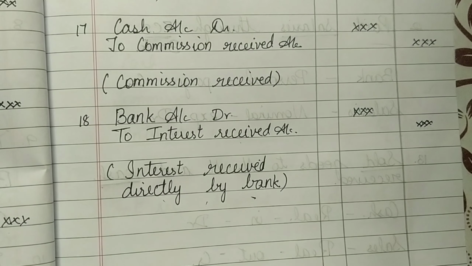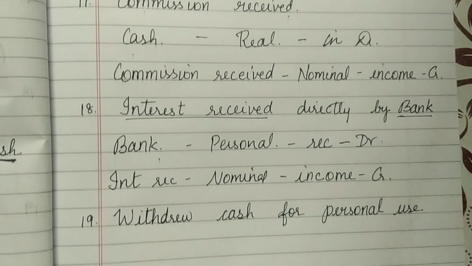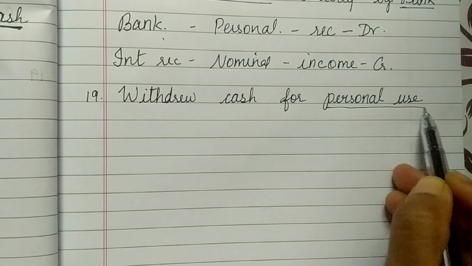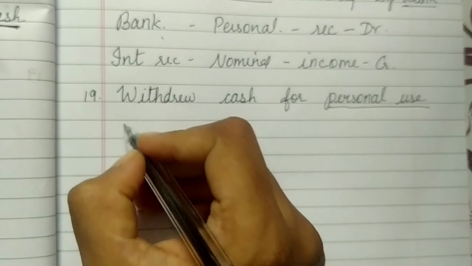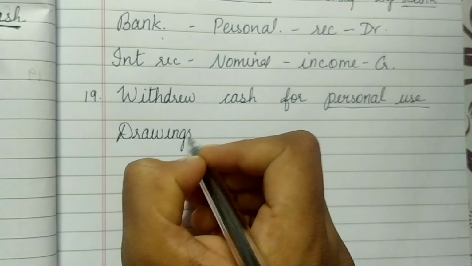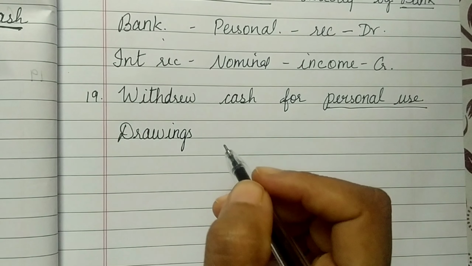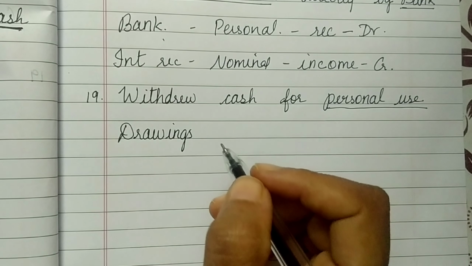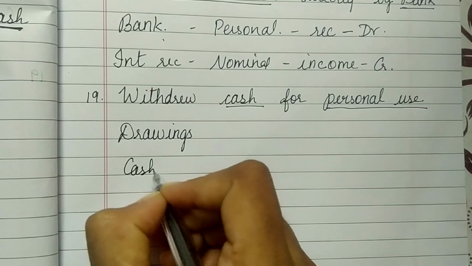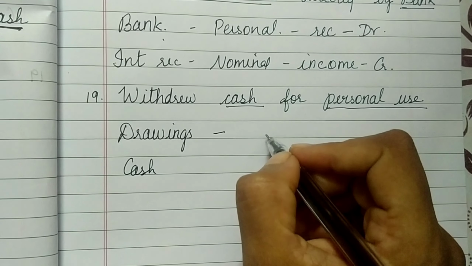The next transaction is withdrew cash for personal use. Whenever we find the words personal use in a transaction, it always refers to one term called drawings. Personal use means the proprietor is withdrawing money from the business. The other account is cash account. Always drawings will be debited.